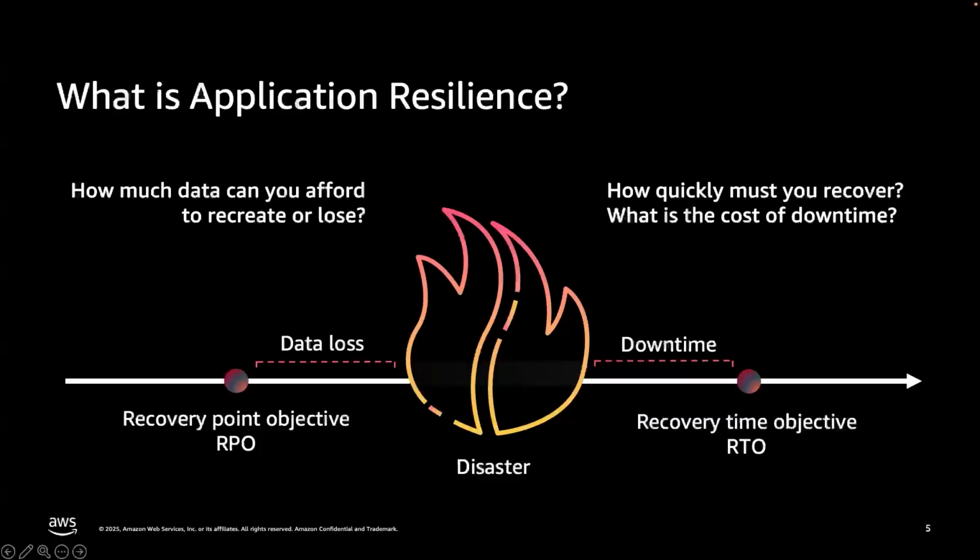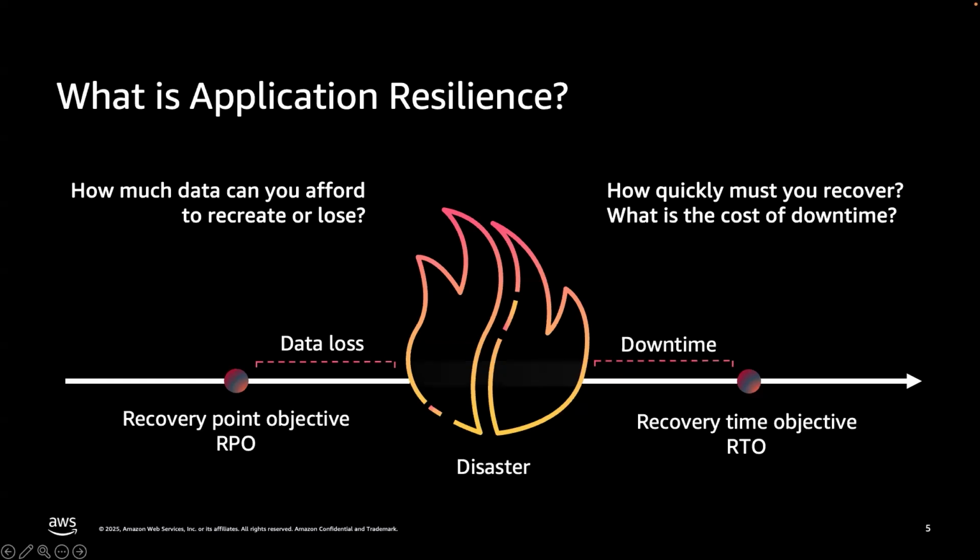So how does that translate to applications? And what are we really concerned with? Two primary things: downtime and data loss. So when we start talking about application resilience and what is the appropriate HA or DR strategy, the first thing that you'll likely get back is questions.